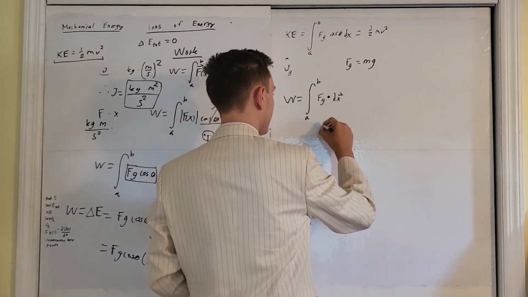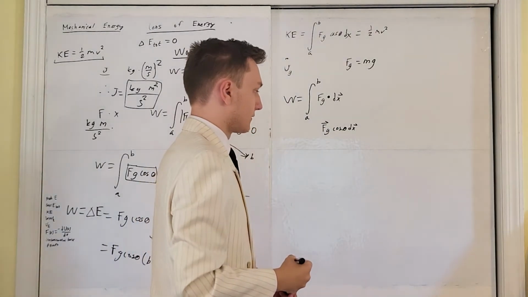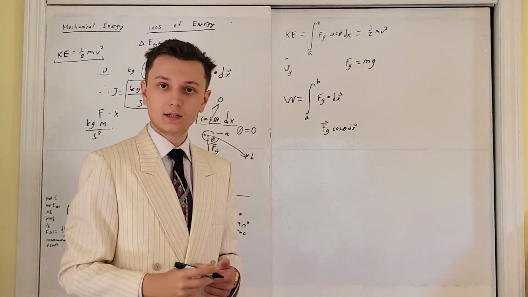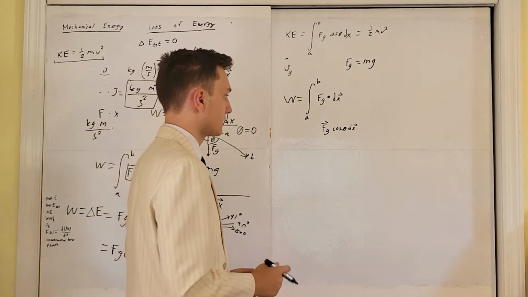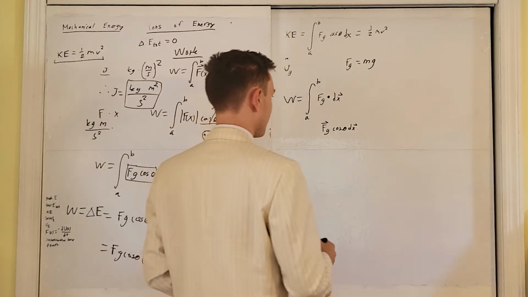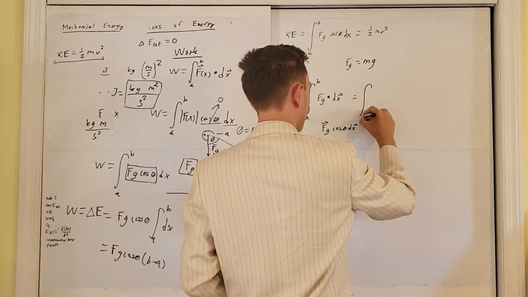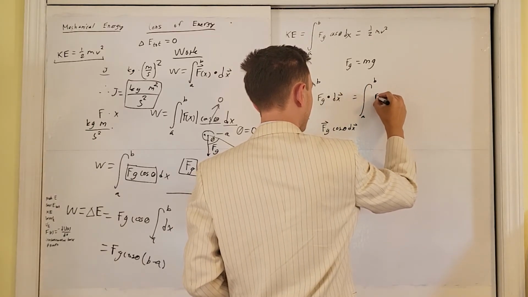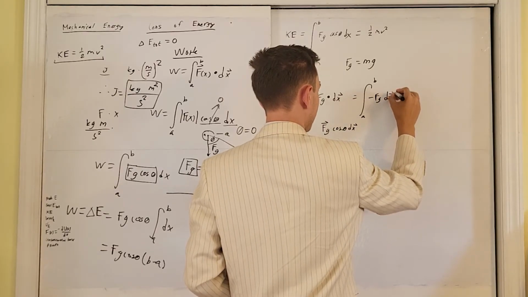Therefore, if I rewrite the dot product with cosine theta, my theta being 180 degrees, because they are exactly parallel and acting in opposite directions. So cosine of 180 is -1. So in fact, this would be the integral from A to B of my gravitational force multiplied by -1 dx.